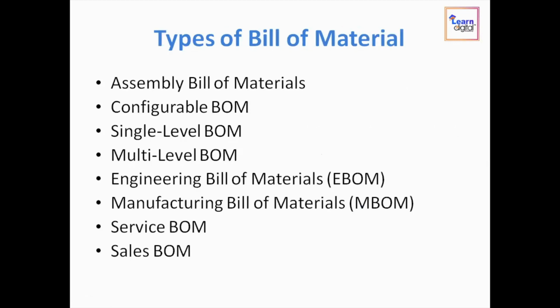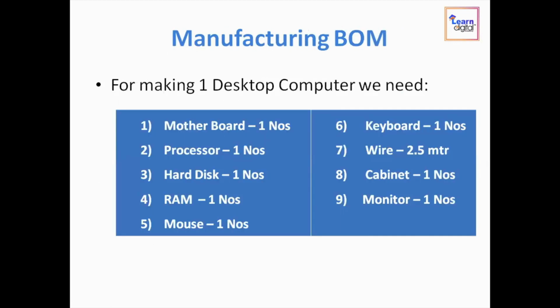Let's learn with this example. Suppose we are the manufacturer of desktop computers, and for that we purchase raw materials like motherboard, processor, hard disk, all these things. And these raw materials are used for creating, manufacturing, or assembling one desktop computer.